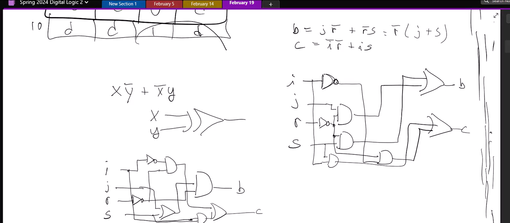It looks like this one is a little simpler. But I feel like I might be missing a gate somewhere. Let's see.